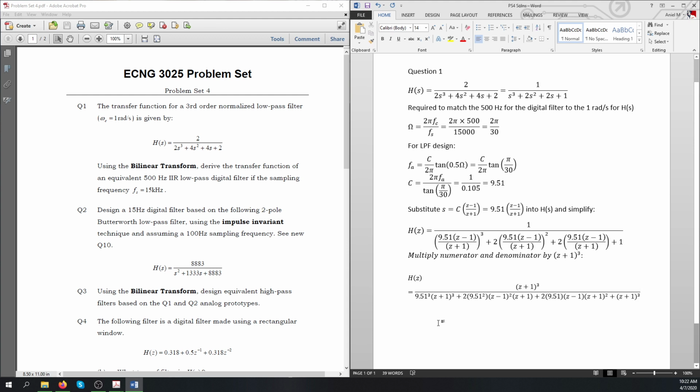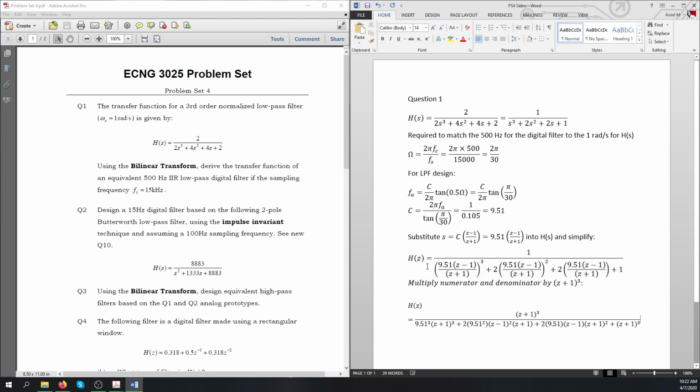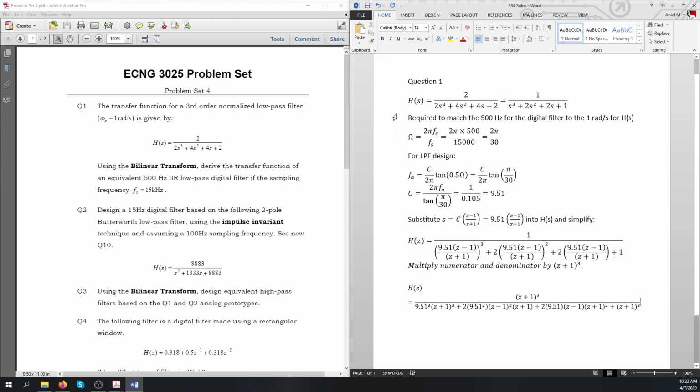So the marks for this question in particular could come such that this could be a 10-mark question.